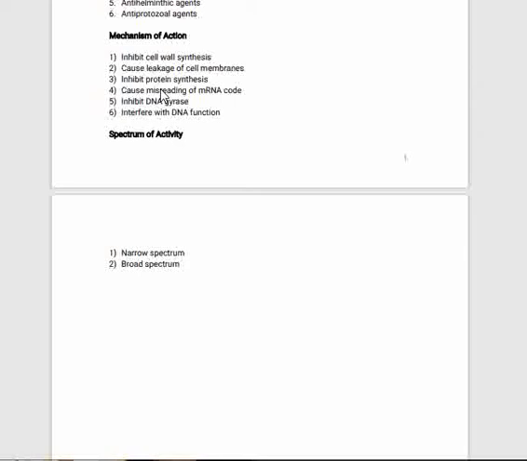But then broad spectrum drugs, they have equal effect, right? They can treat malaria, and at the same time they can accord some treatment to typhoid. So that is what we refer to as broad spectrum. So classification of the microbial agents in terms of the spectrum of activity depends on all those ones. So either the drug can be a narrow spectrum drug targeting specific or broad in a way.